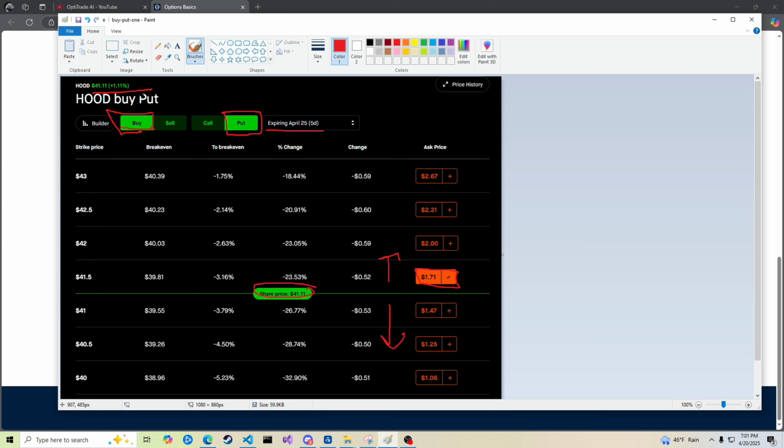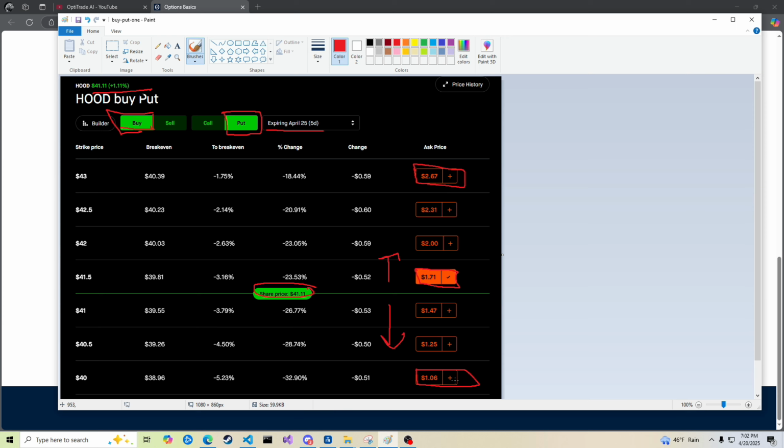So when you're buying a put option, anything that is greater than the current share price is in the money. Vice versa, anything that is less than the share price is out of the money. It's the same logic as when you're buying a call option, but it's reversed because you're expecting the stock to go down.